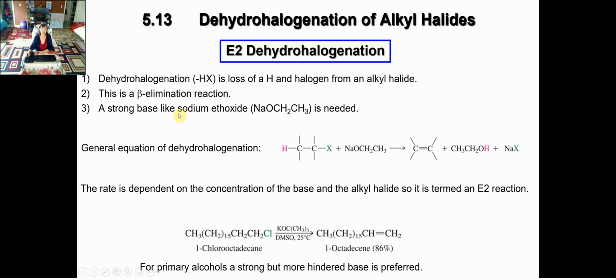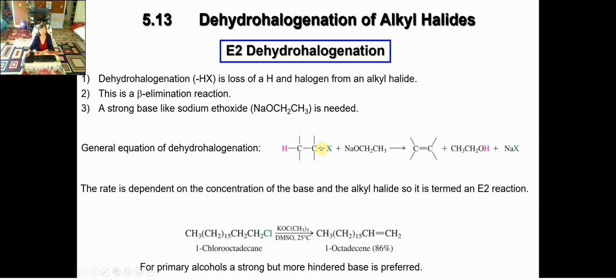In this case, due to the formation of HCl or hydrogen halides, you may need a strong base to neutralize it. The general dehydrohalogenation reaction will be two carbons, one connected to a halide and the other to hydrogen, and then under sodium ethoxide, this alkoxide, this is ethoxide, hydrogen and halide are going to be removed.